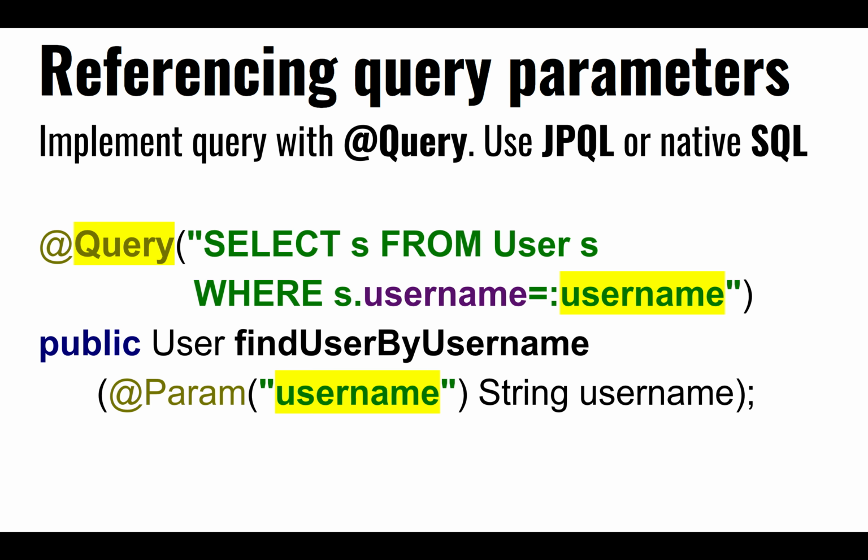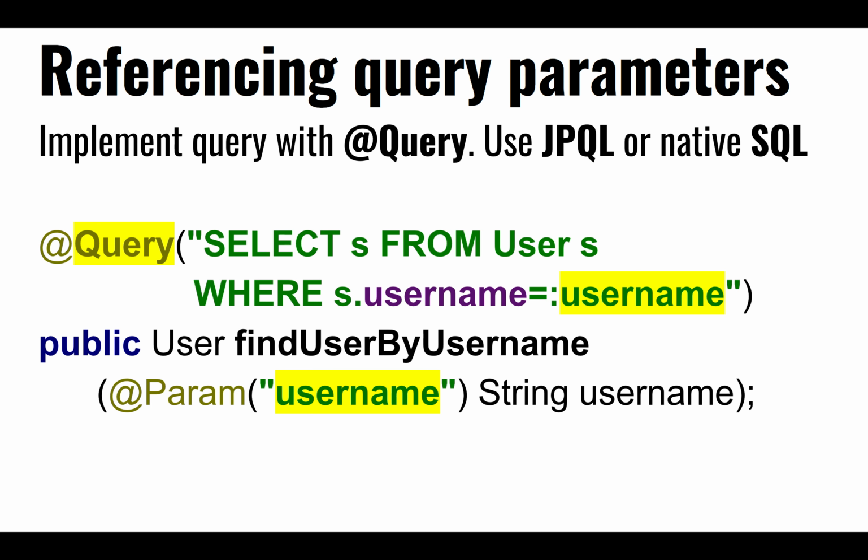That query could either be a native query that was used verbatim to go directly into the database and do a select or an insert or an update or delete, or instead we can use JPQL, which is a higher level language that allowed us to interact with the database, but from the point of view of objects.